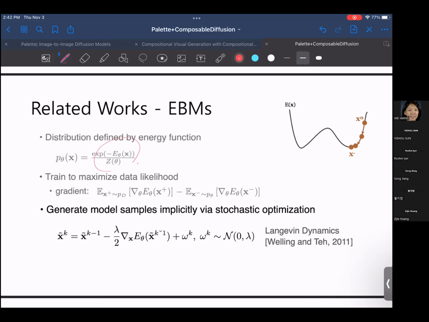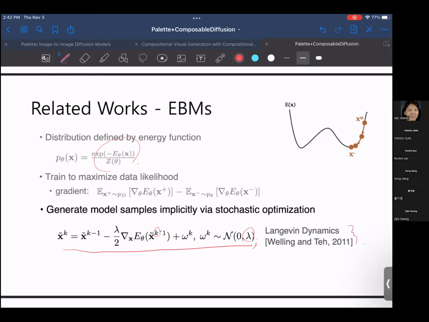For this new distribution, when k goes to infinity and lambda goes to 0, the Langevin dynamics equation as a whole would be the same as the energy function introduced by this paper.